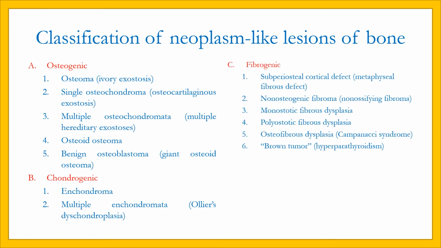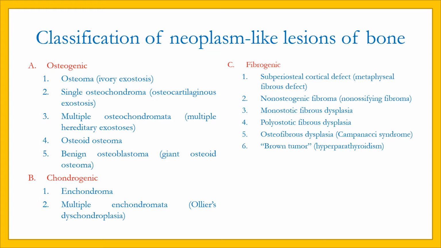C. Fibrogenic: 1. Subperiosteal cortical defect or metaphyseal fibrous defect. 2. Non-osteogenic fibroma or non-ossifying fibroma. 3. Monostotic fibrous dysplasia. 4. Polyostotic fibrous dysplasia. 5. Osteofibrous dysplasia or Campanacci syndrome. 6.